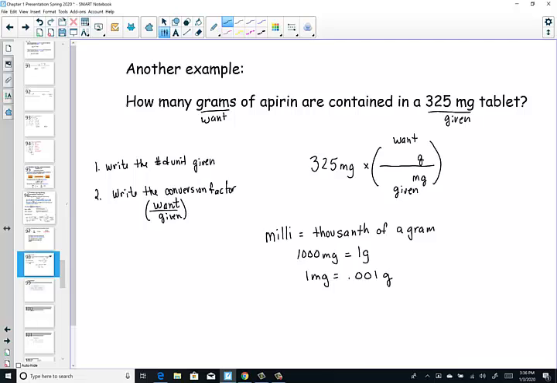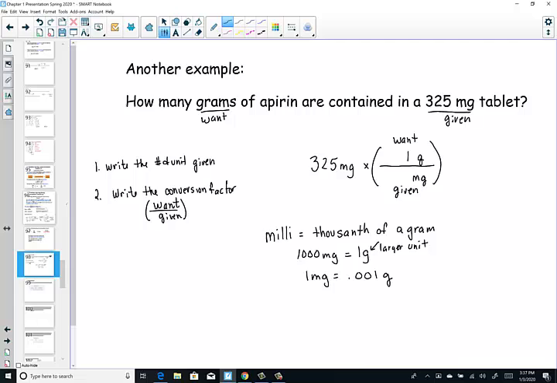That is 1,000th of a gram. So we have choices of how we can place that in. I'm going to share with you what I like to do. I always place the larger unit with the 1. That's just my liking. You can choose either direction, it doesn't matter, but I like to place the 1 with the larger unit so that I don't have these tiny decimals to go with.